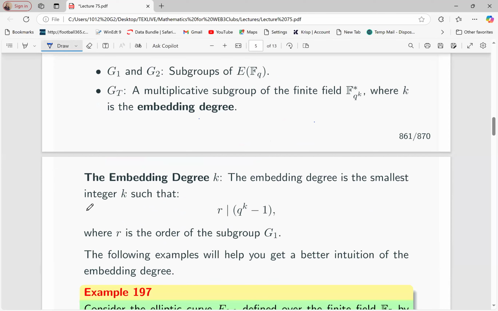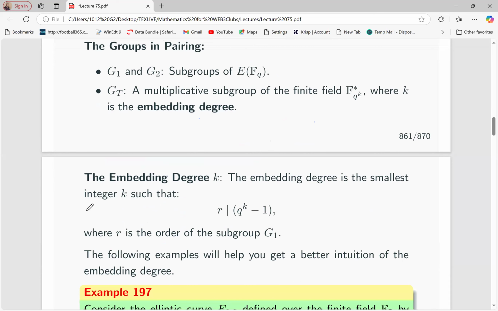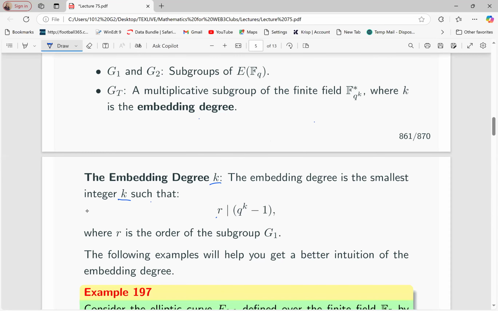So then I define embedding degree. We've seen what it is, but now what is the definition? The embedding degree K is the smallest integer such that R divides Q raised to K minus 1. Remember what Q was. Q is coming from our field, the mod.